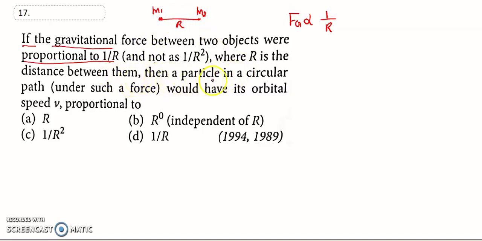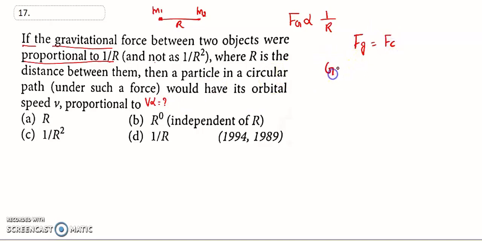Then a particle moving in a circular path would have an orbital speed proportional to what? So the gravitational force is equal to the centripetal force.